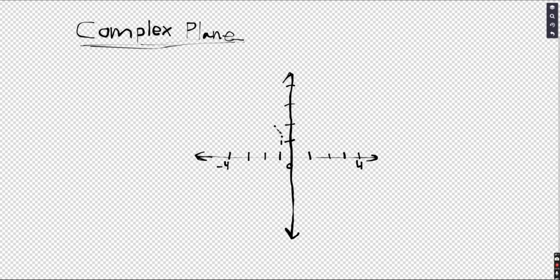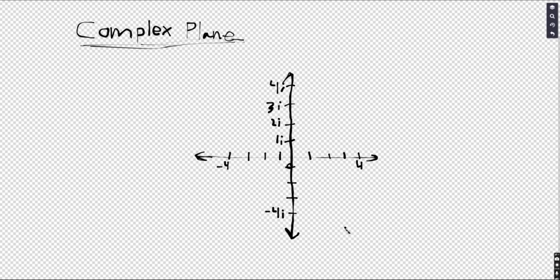So this is 1i, technically, this is 2i, 3i, 4i, and down here is going to be negative 1i, negative 2i, negative 3i, negative 4i, etc.